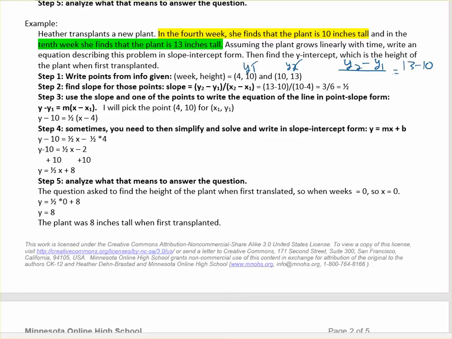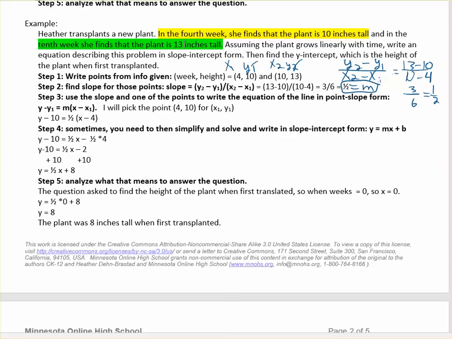Bottom, we do the x values. The x sub 1 is 4 and the x sub 2 is 10. We have to subtract those in the same order that we subtracted the y values. So this would be 10 minus 4. So 13 minus 10 is 3, 10 minus 4 is 6, and 3 over 6 simplifies to 1/2. So our slope is equal to 1/2.